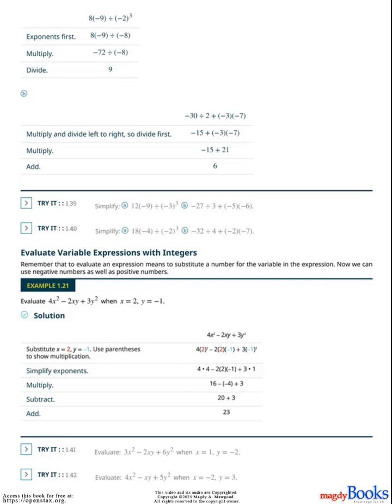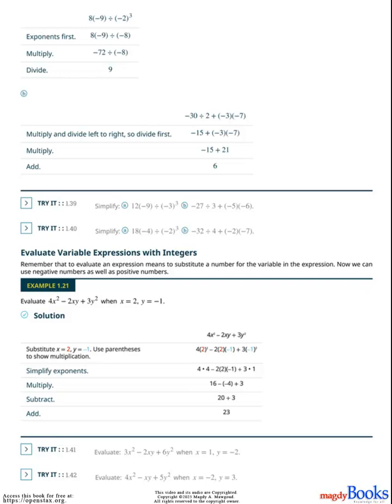Try it 1.39. Simplify. A. 12 times (-9) divided by (-3)^3. B. -27 divided by 3 plus (-5) multiplied by (-6). Try it 1.40.